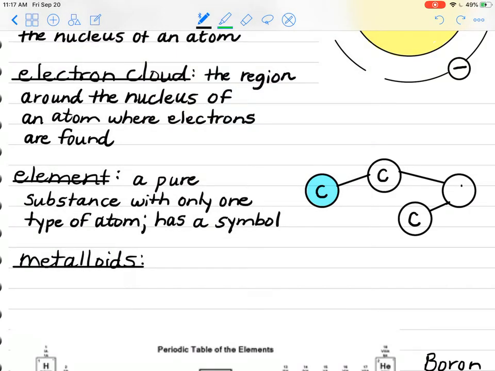Let's make this be a C, so they're all carbon. They're all just alike. That means it's a pure molecule of carbon. So this is C4. 4 of them. But it's pure because there is only one letter in there. Okay.